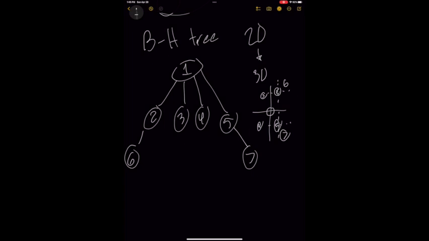Now, where the optimization comes into place is that planet 7 right here is still being affected by each of these other planets that we can see here. However, planet 7 may only barely be affected by, say, planet 2 and planet 6 up here because it's so far away.